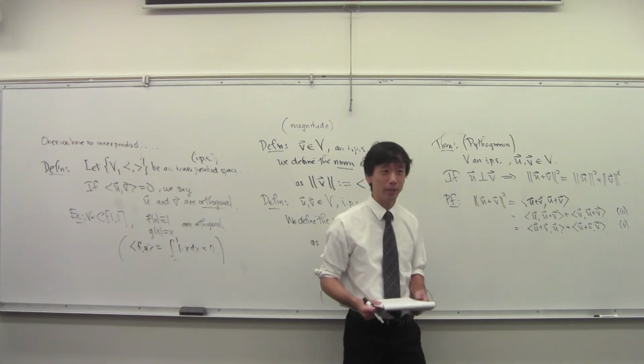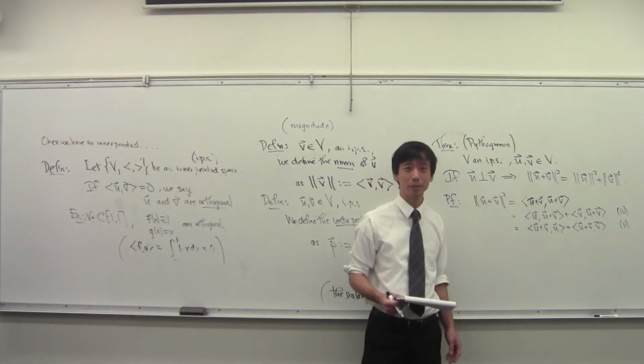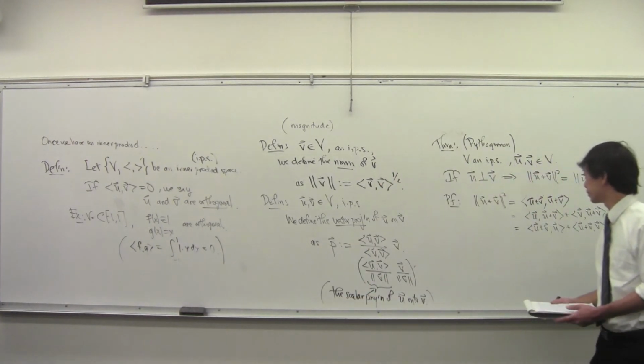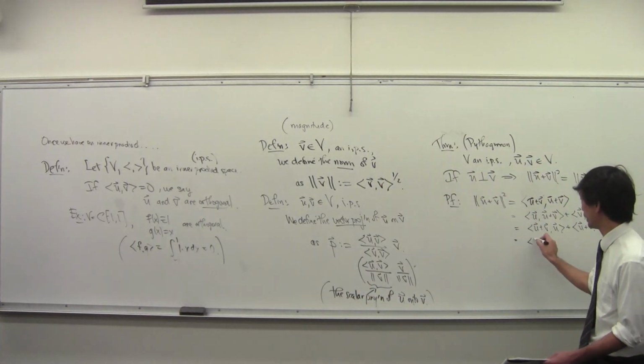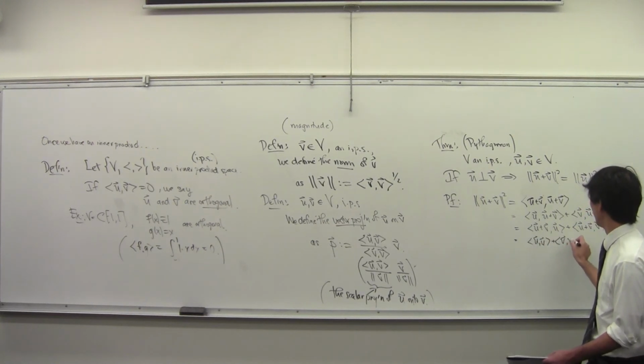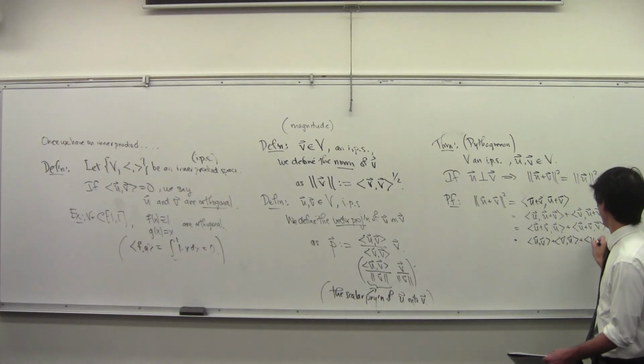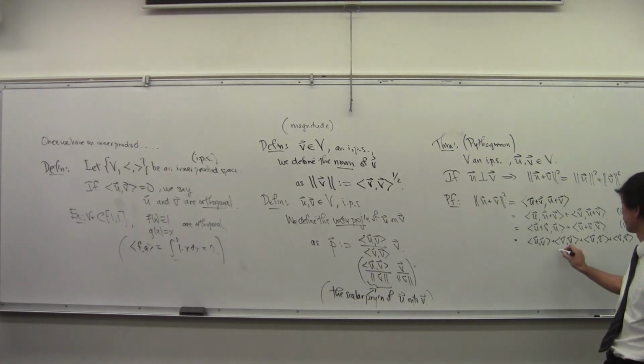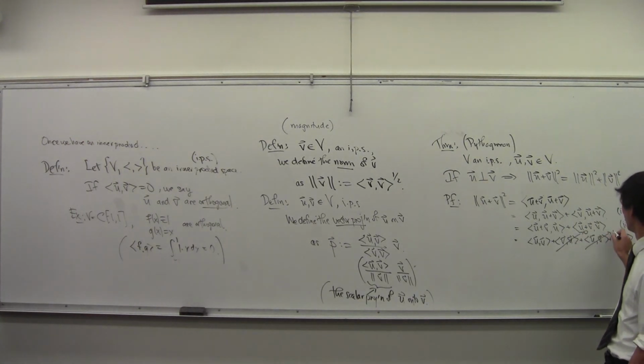Can anyone see to the end what's going to happen? You can distribute again, so you get u on u, u on v, v on u, and then the same thing: u on v, v on v. And then since they're orthogonal, u on v is 0 and v on u is 0.